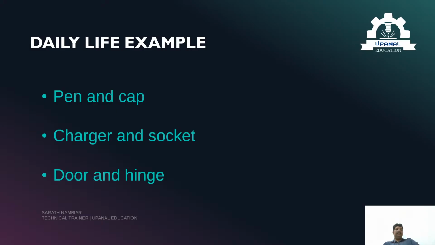Sometimes the fit is tight, sometimes it is loose, sometimes it's just perfect. This behavior between the two parts is what the engineers call a fit. So this is known as a fit.